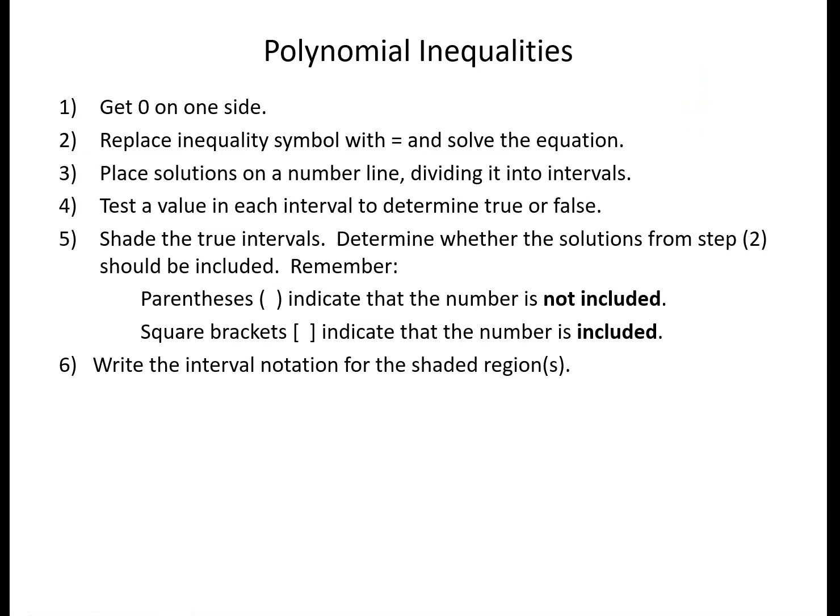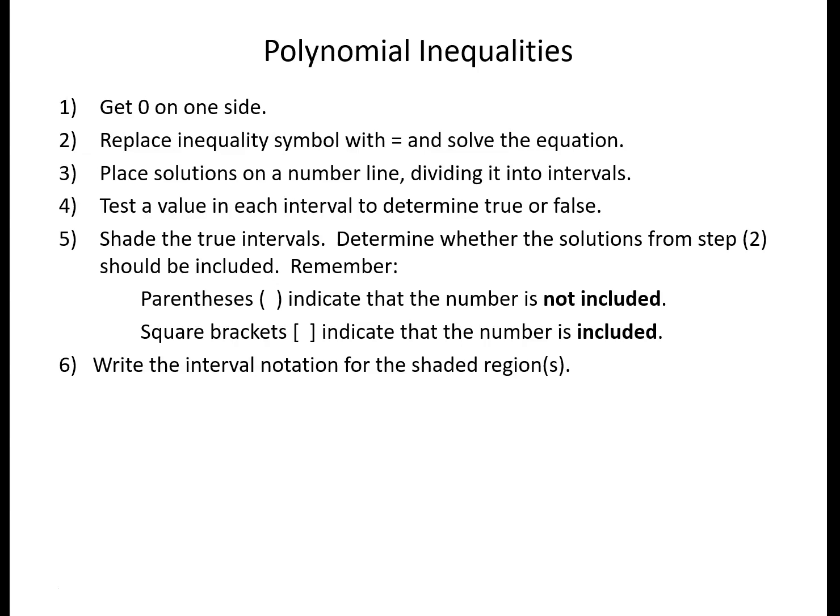Because we've already covered degree 1, that was the linear, so these might be degree 2, 3, or 4 polynomials, and they will have the inequality symbol in them. There are quite a few steps involved. It's going to seem like a lot when you read through the steps, but once you start practicing, it's really not as bad as it seems at first.